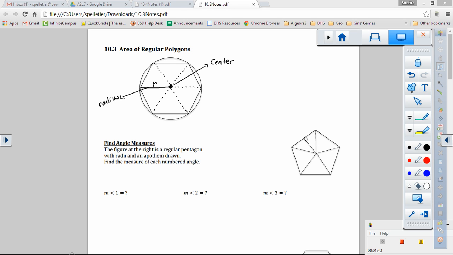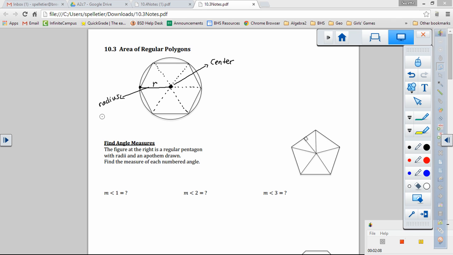A radius measures the distance from the center of a circle to its outside edge. And you can see that this point is in fact on the outside edge of the circle. So that segment between the center of that figure to one of its corner points is equivalent to the distance from the center of the circle to the outside edge of the circle. Okay, so that's why we call it a radius. It's exactly the same measurement.